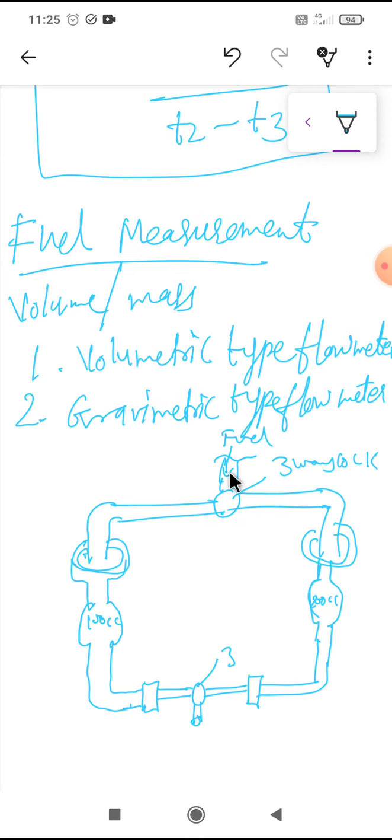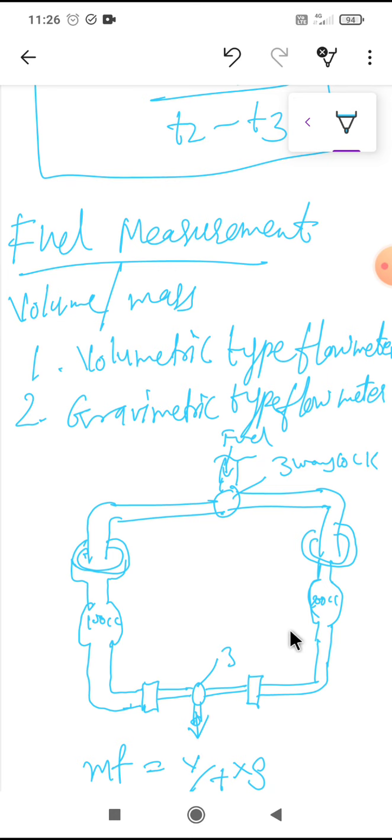So this one is filled from the fuel tank, and the other feeds the engine. So the mass flow rate of the fuel supply will be the volume divided by time, into the density of the fuel, where the density of the fuel is the specific gravity of the fuel into the density of water.